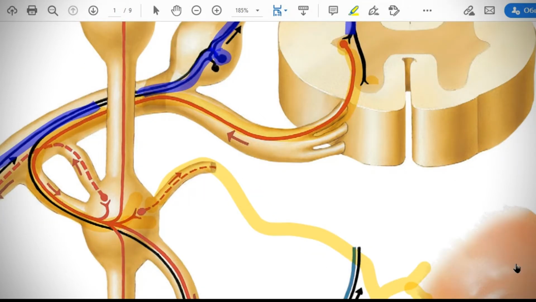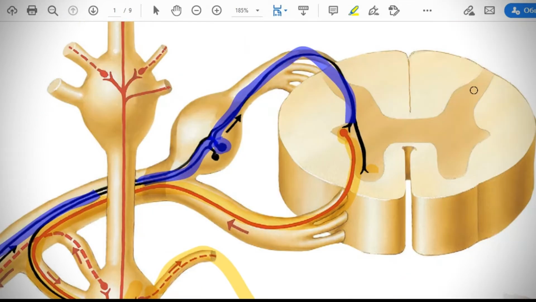What does the autonomic system control? It controls two kinds of tissues: smooth muscles and glands. It controls all smooth muscles in your body, in vessels, in skin, in internal organs, and all glands.